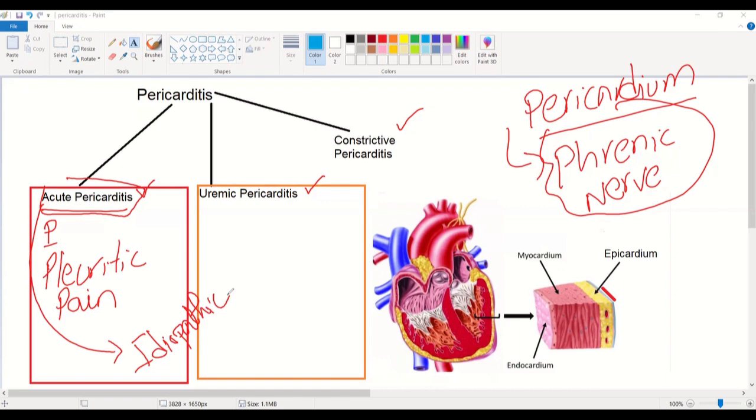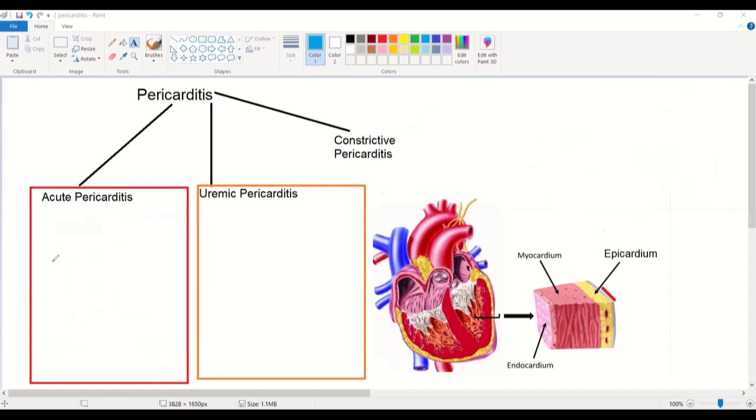After idiopathic, it may be viral, right? But when you are asked about the most common cause of acute pericarditis, it is idiopathic, right? The ECG changes are very, very high yield. Sometimes they give you the ECG changes in the clinical vignette, right?